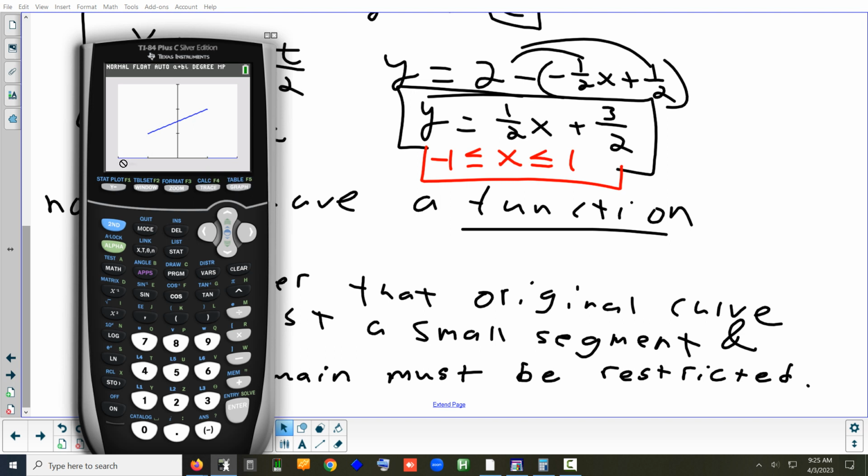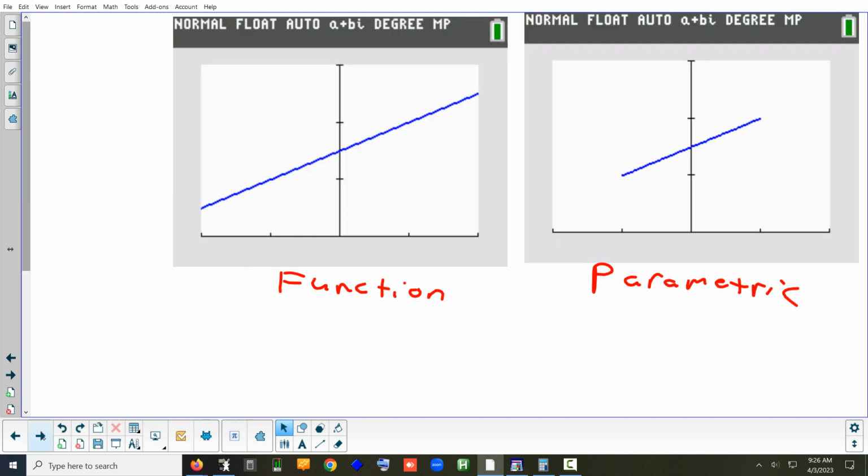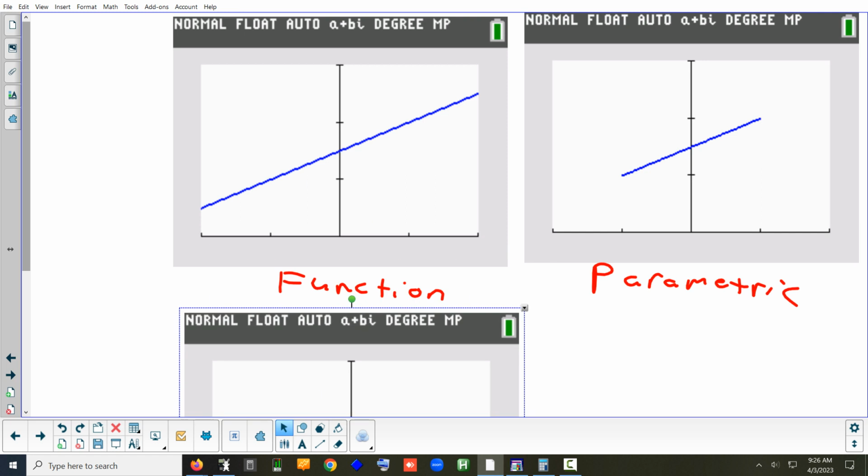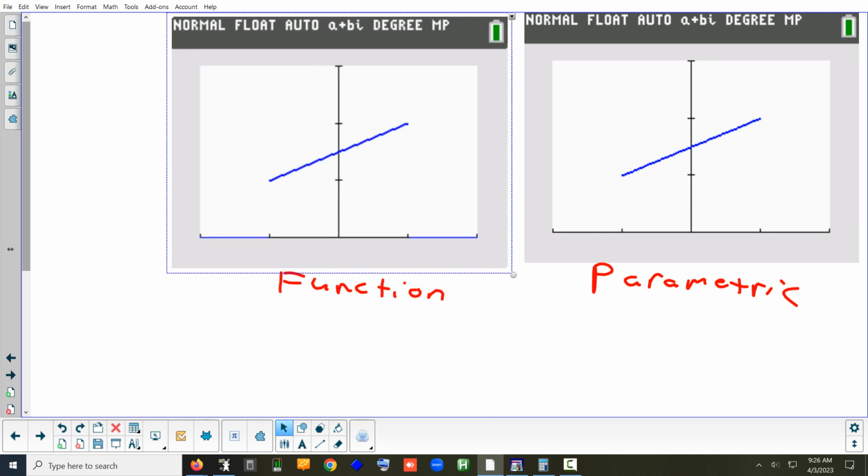So it puts these little marks in down here, but that's the best I can do. So now there's my graph as a function, but I've told it to start and stop somewhere. So that's the 2 things you need to do when you convert parametric to function. Find the formula and tell me where to start and stop.